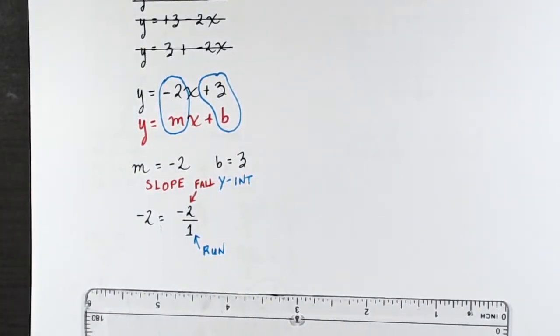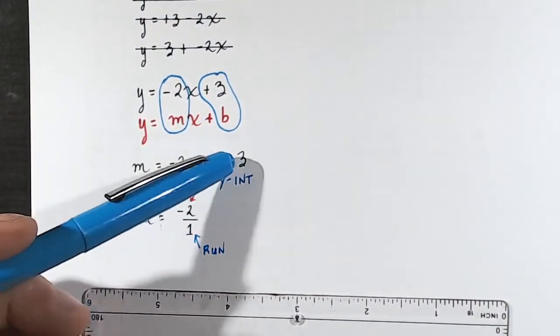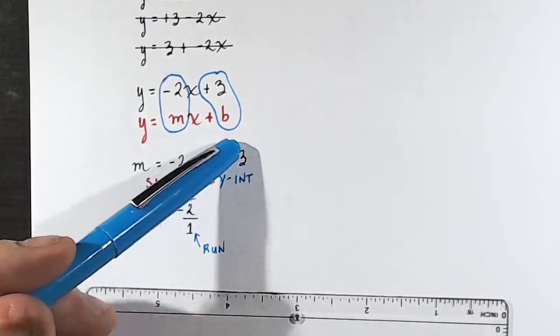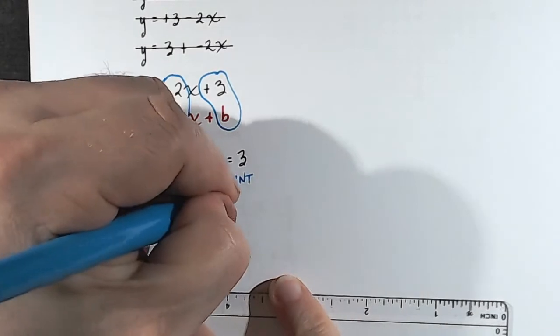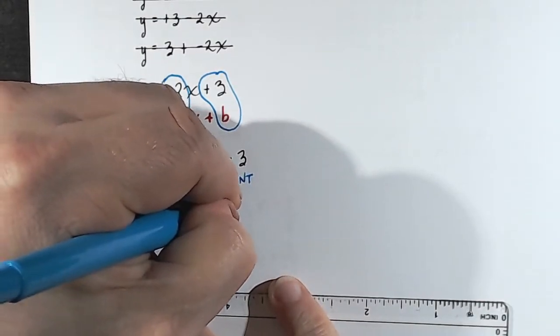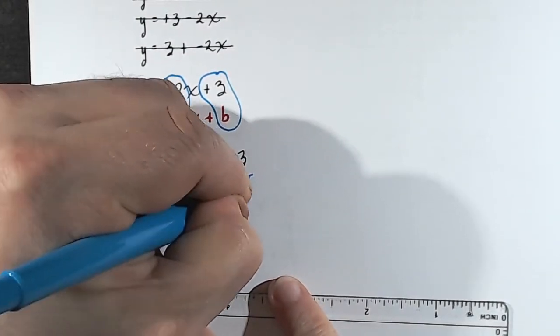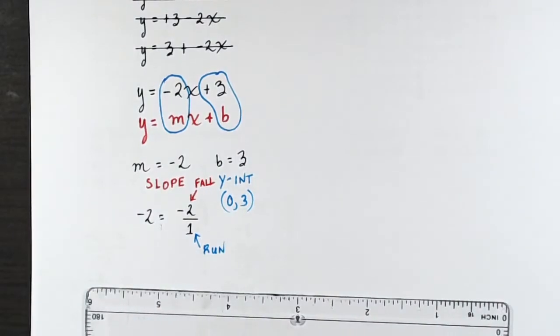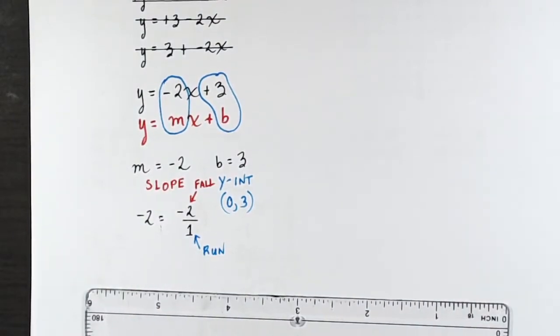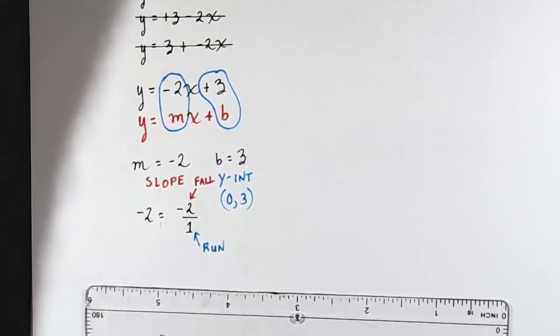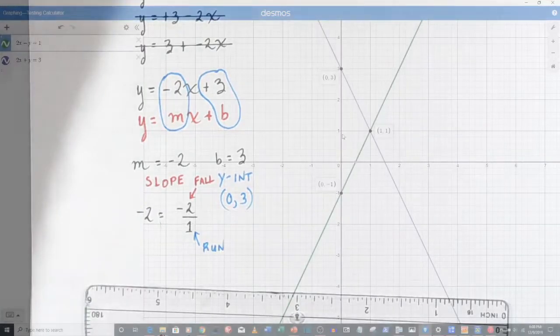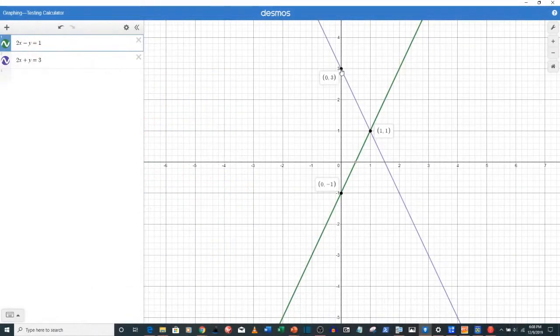So here's the game plan. We're going to go back to the graph, and we're going to start by plotting 3 on the y-axis. So the coordinates of your y-intercept will be 0, 3. Okay? And that should be setting off an alarm bell in your head, because back on Desmos, you saw that the y-intercept was 0, 3 for this downward sloping line.